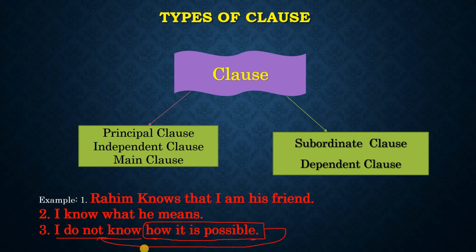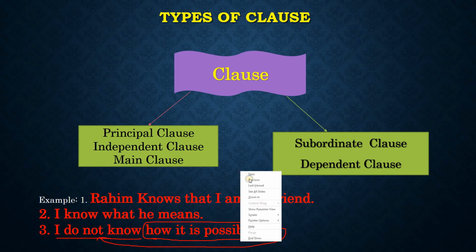So dear students, a subordinate clause always depends on a main clause, but a main clause does not depend on a subordinate clause. Already, I think that you have understood my speech clearly.